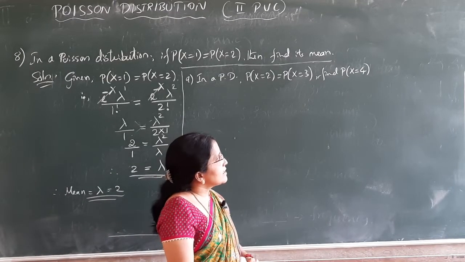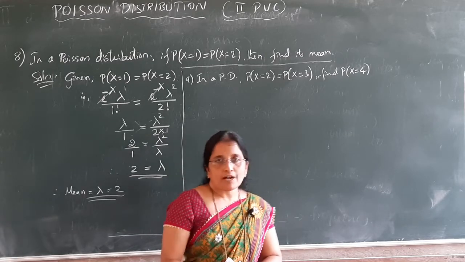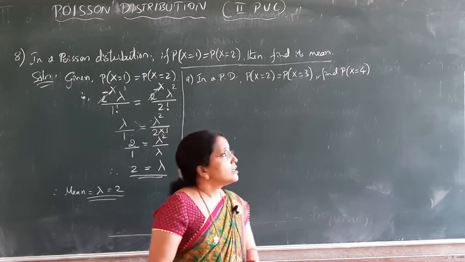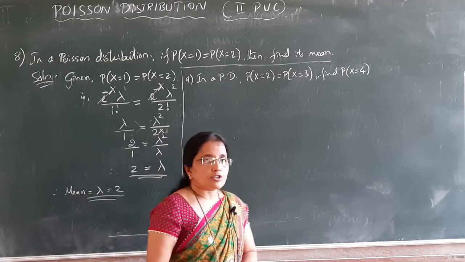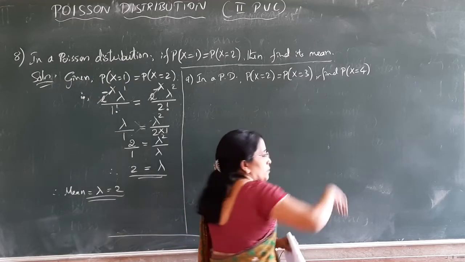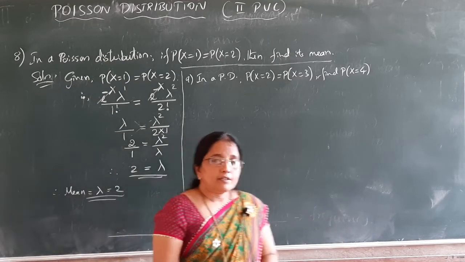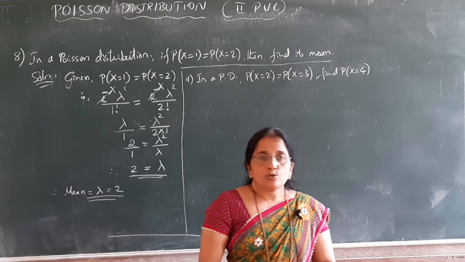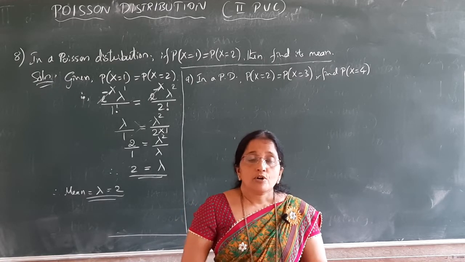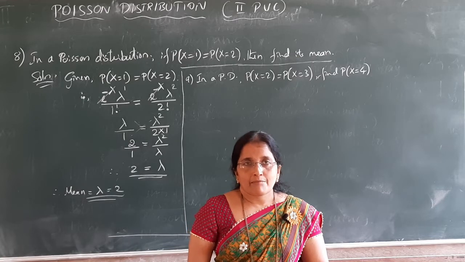Now once again here, what is given, what is asked, that we have to see first in the question. In a Poisson distribution, it is given some information, that is 2 probability terms are equal. Find one more probability term. And we have studied earlier, to find the probability of x is equal to any value, first we must know the parameter.